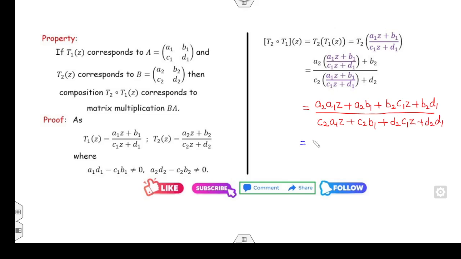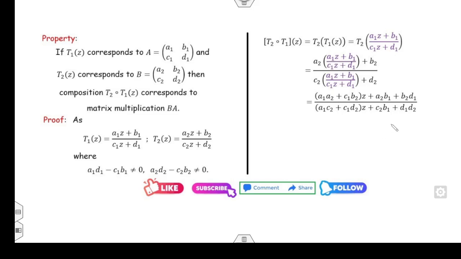Now you can pair the coefficients of Z. This is (A2 A1 plus B2 C1) times Z plus the constant terms A2 B1 plus B2 D1, divided by, again, the coefficient of Z and the constant quantity.